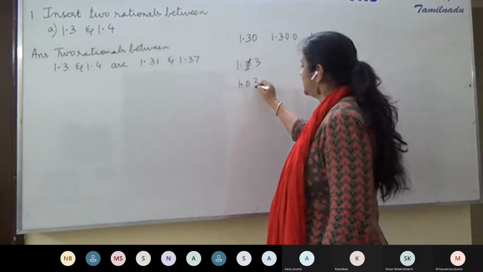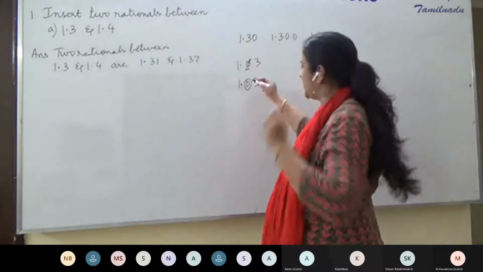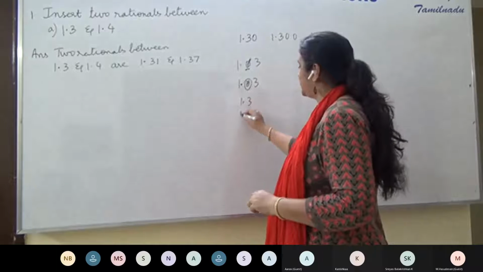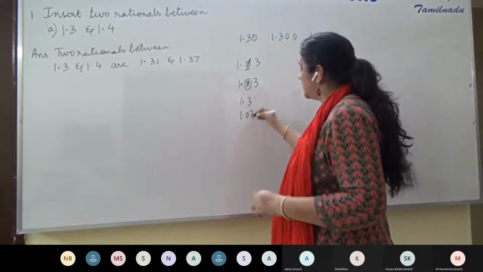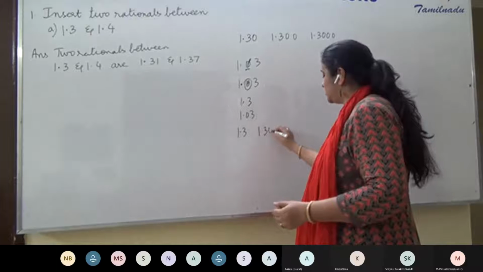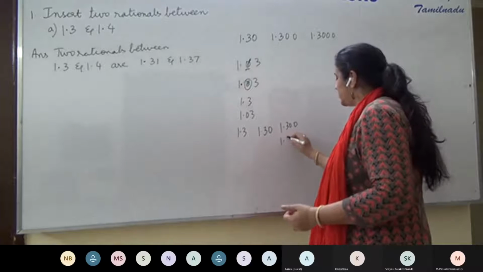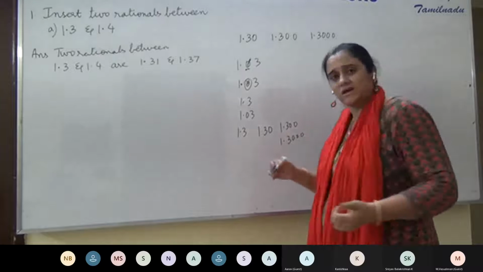This cannot be eliminated. 1.3 is different from 1.03. But 1.3 is the same as 1.30, the same as 1.300, the same as 1.3000, and so on.